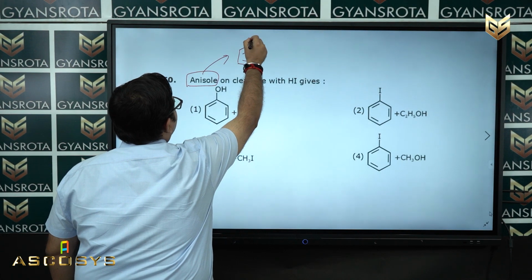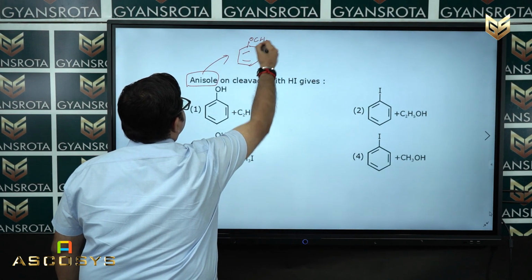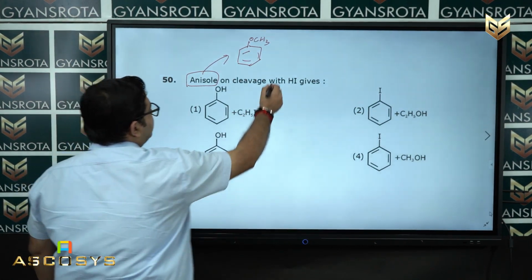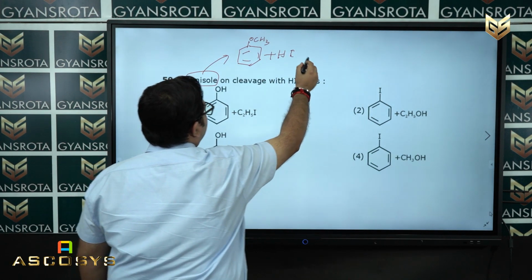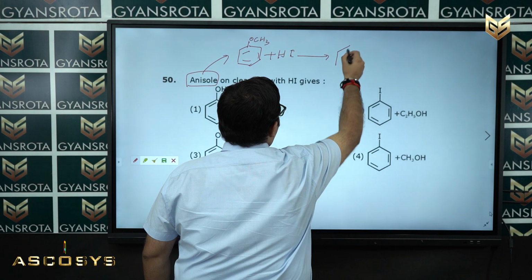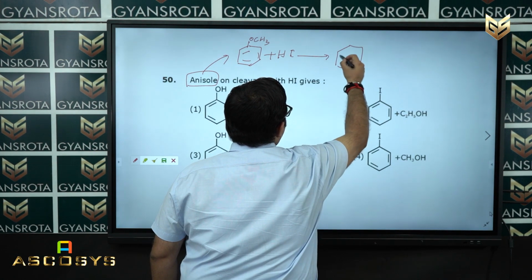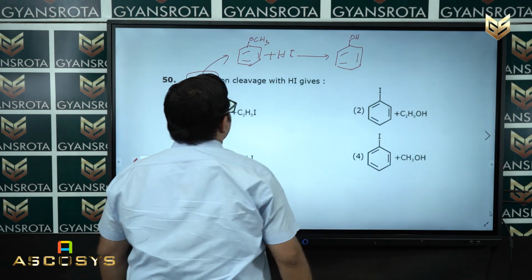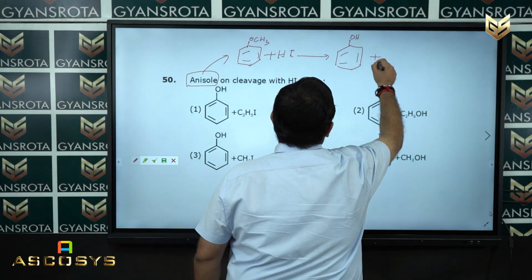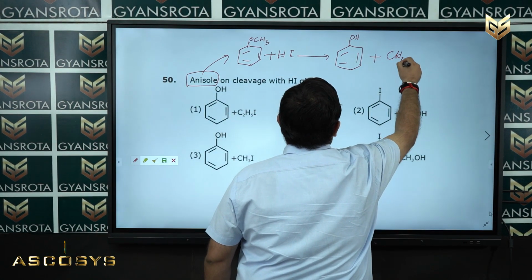It will be OCH3, and when it reacts with hydrogen iodide, it will give you phenol, this is the structure of phenol, and it will give you CH3I.